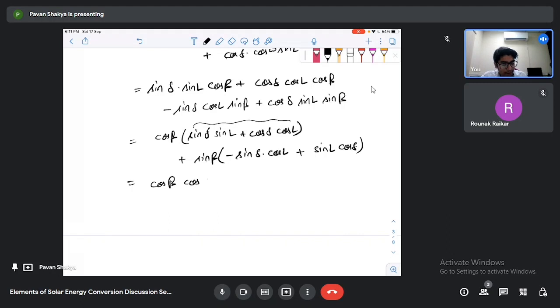Similarly, the second term will become sin of L minus delta.